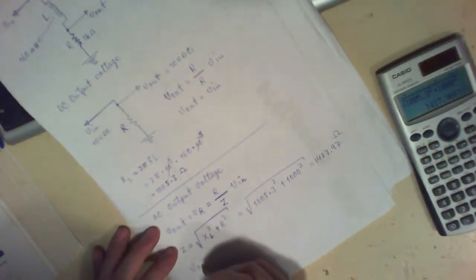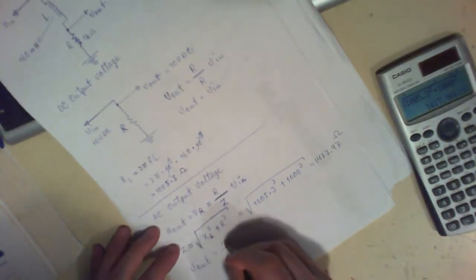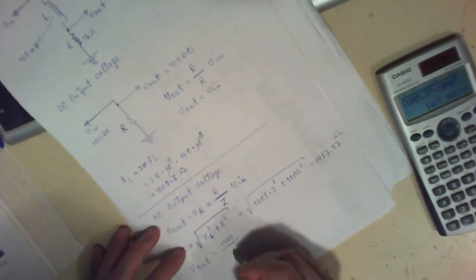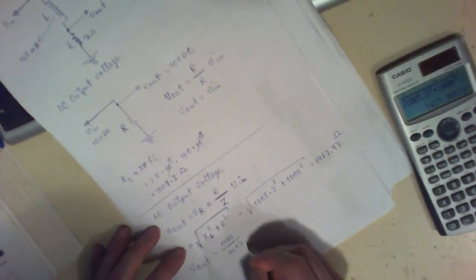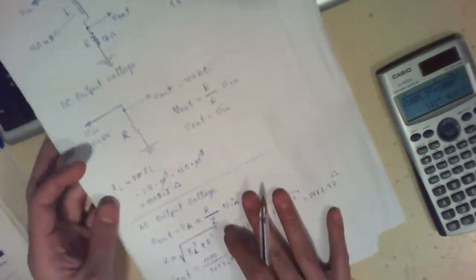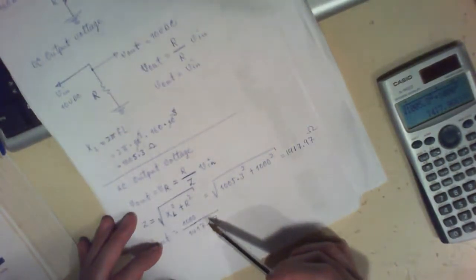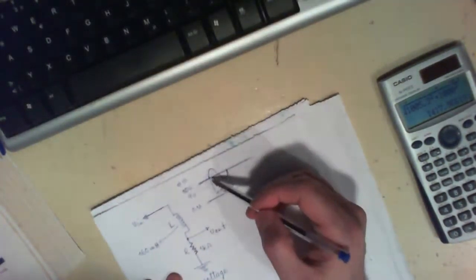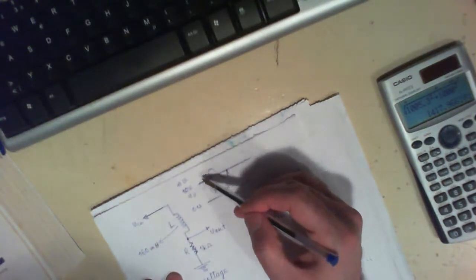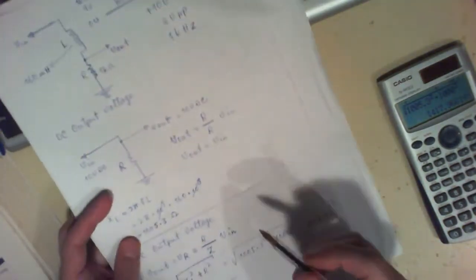So your V out is going to be equal to R over Z, which is 1000 ohm over 1417.97, times V in. And since you're calculating the AC output, you have to take care of the input, which is 9 to 11, so that's 2 volts peak to peak.